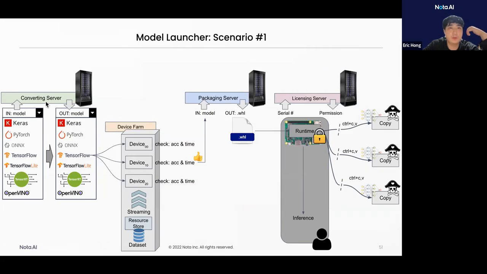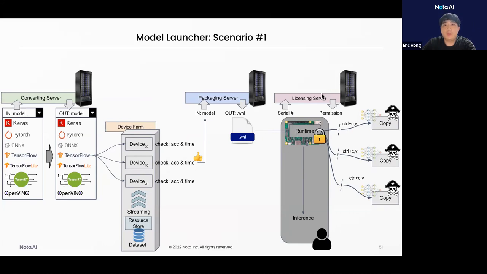This is the converting server. Input of the converting server is a model. Output is another extension of the AI model. And the device farm controls data flow and devices, checks accuracy and time, picks the best option, and sends it to a packaging server. Input of the packaging server is an AI model, and output is a build file. Each packs an AI model, and the build file will be installed in each device.